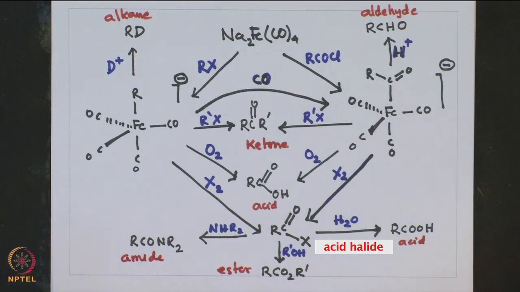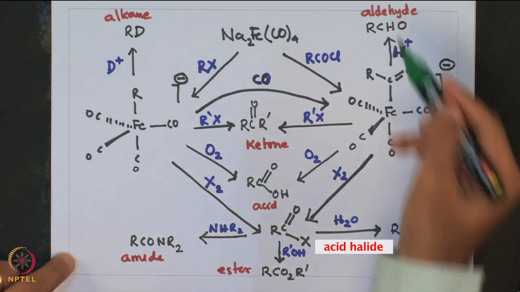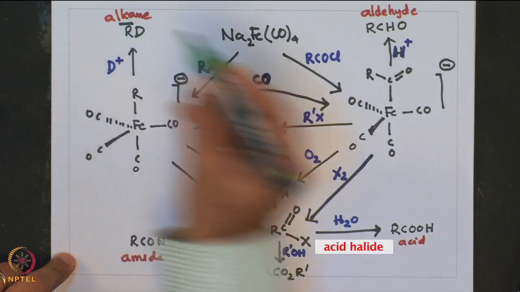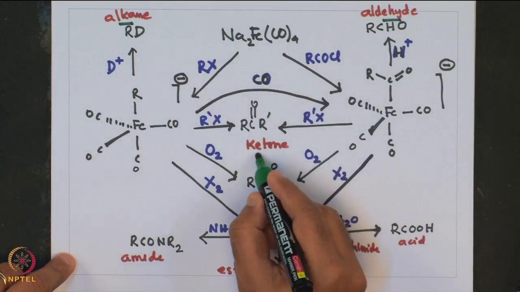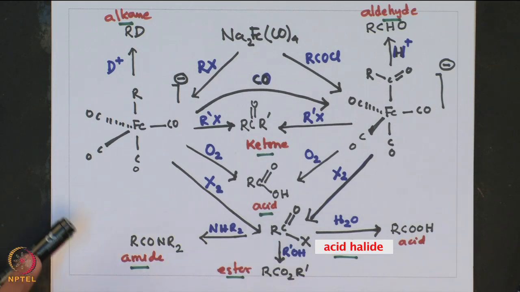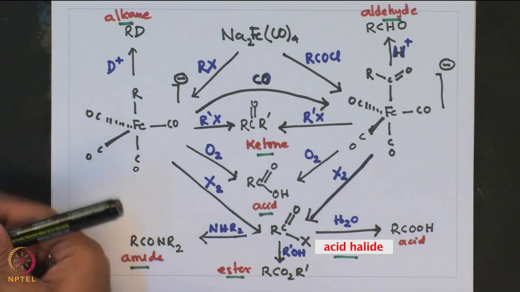So, what one sees is that depending on the treatment, so many different compounds, for example, alkane, aldehyde, ketone, acid, acid halide, ester, amide, about 7 different organic compounds, can be obtained from organic halogen compounds using Collman's reagent.